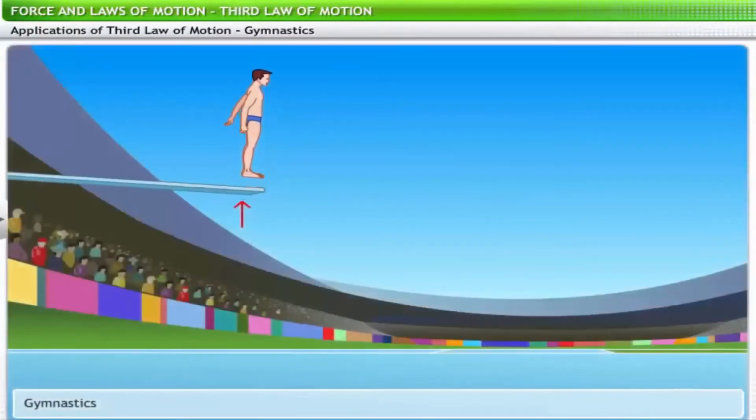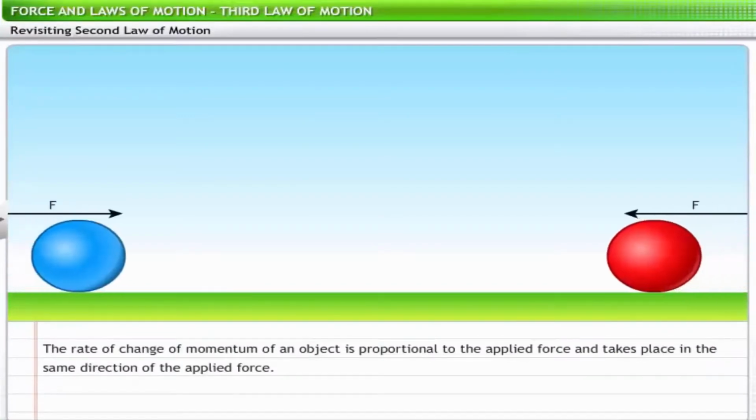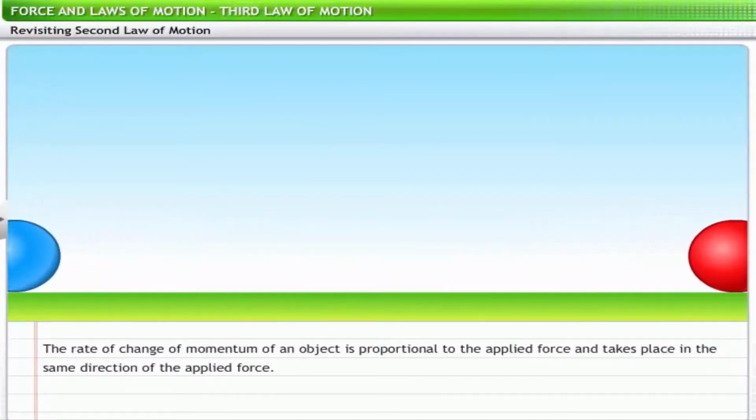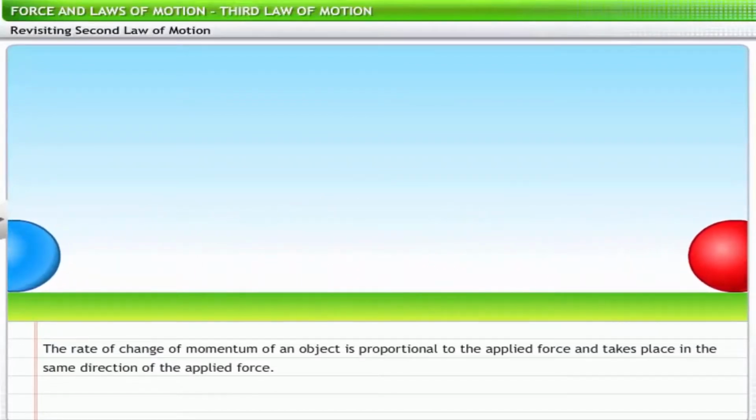The reactive force enables the gymnast to jump higher. This shows that every action force is matched with the reaction force, which is equal in magnitude and opposite in direction. In the third law of motion, you see two equal forces acting simultaneously against each other on two objects when an event such as collision occurs.